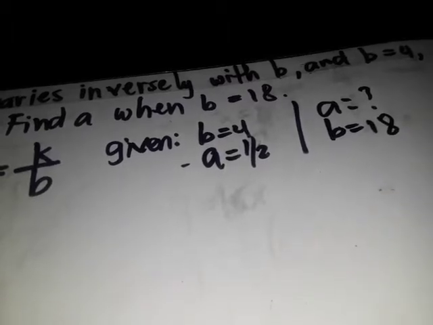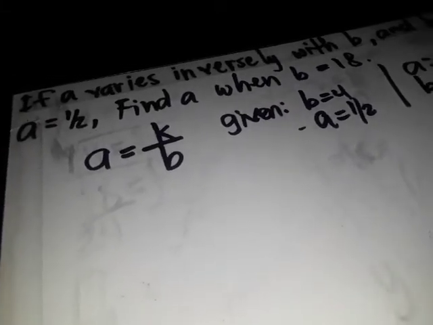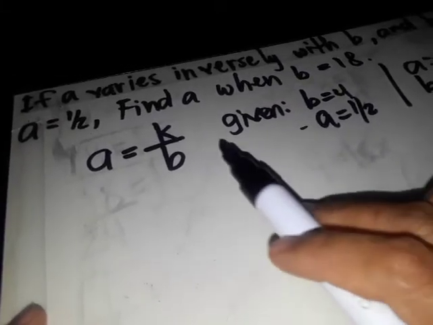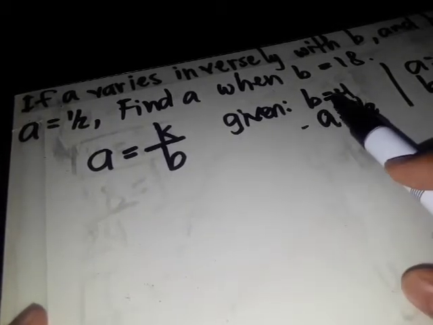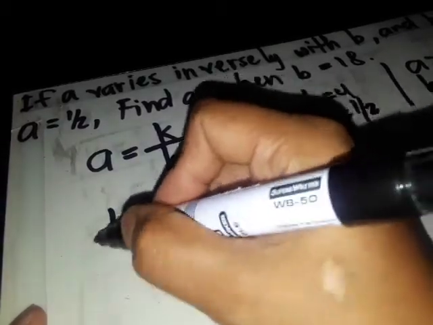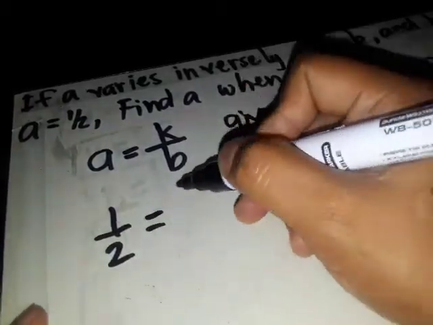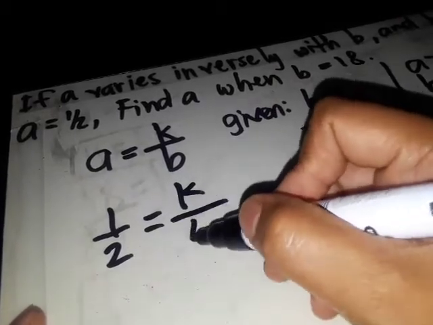So, pag nakuha na natin, gaya ng unang example natin kanina, kailangan muna natin kunin ang ating k. So, para makuha si k, isa-substitute natin ang nauna nating given. So, ang ating A ay 1/2. Susulat natin, 1/2 is equal to k over B. Ang B natin ay 4.